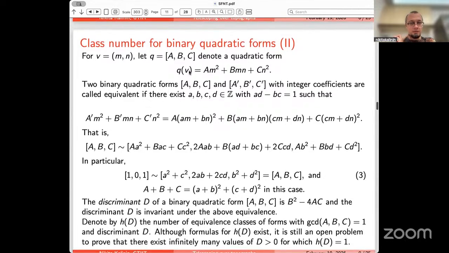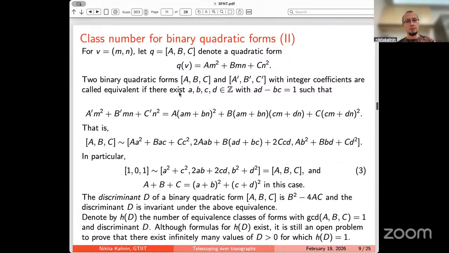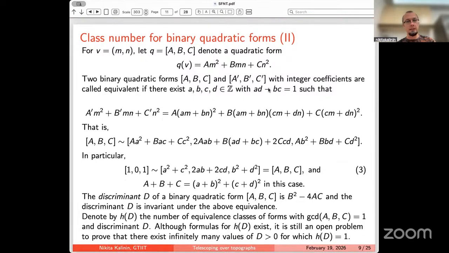Then, as Gauss did, or even Euler, and before Euler, you want to define a certain equivalence for quadratic forms. You say that two quadratic forms are equivalent if you can find an SL2(Z) matrix such that you change the coordinates using this matrix: m goes to am plus bn, n goes to cm plus dn.